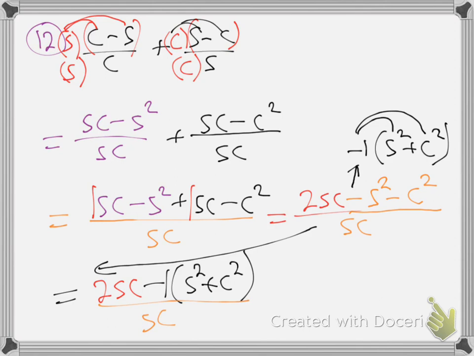So what is that sine squared plus cosine squared? 1, right? We have that property. Sine squared plus cosine squared is 1. So then that does become 2 sine cosine minus 1 over sine cosine. Okay. It's still not there.